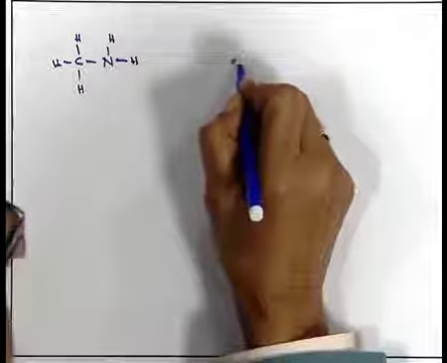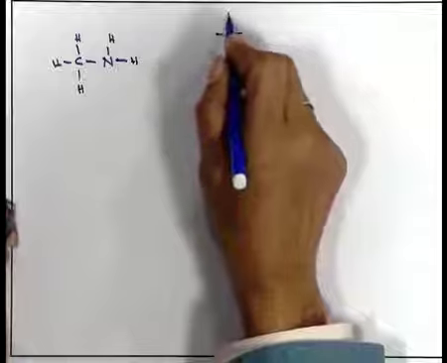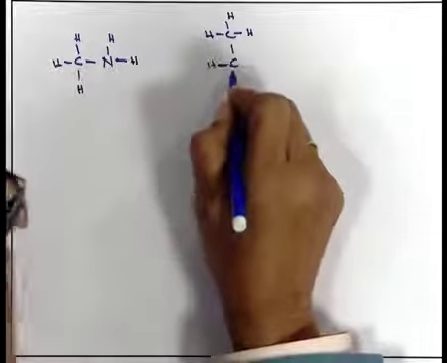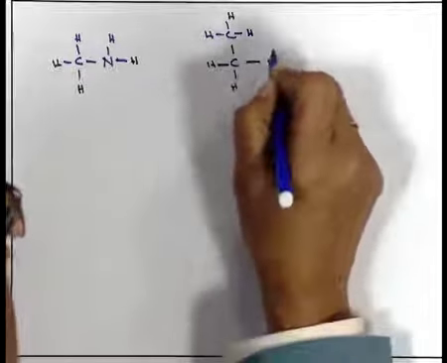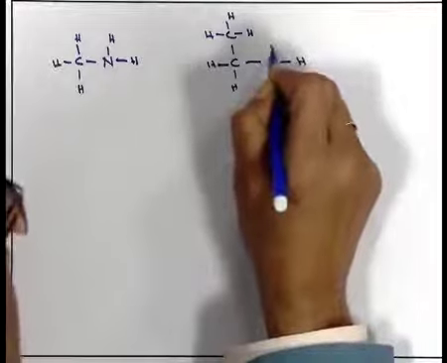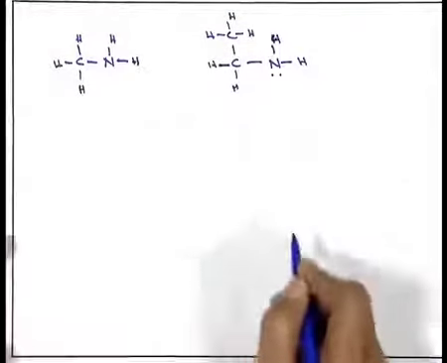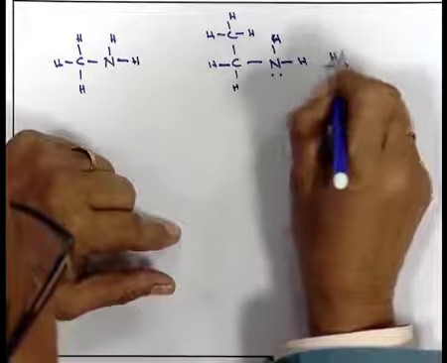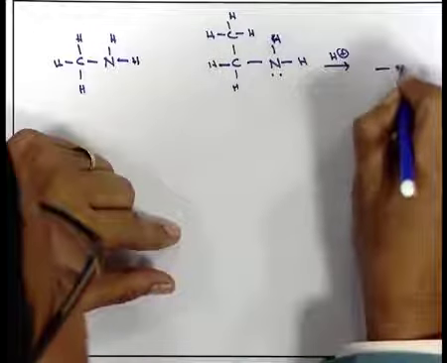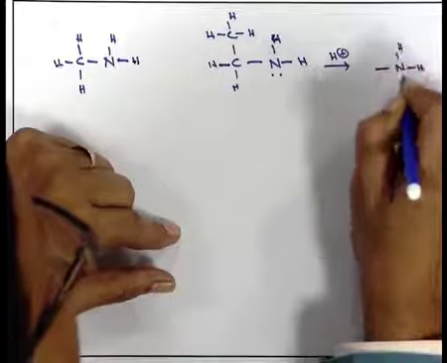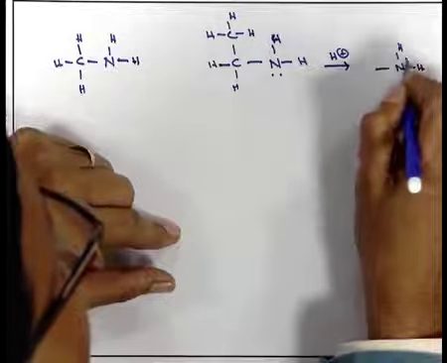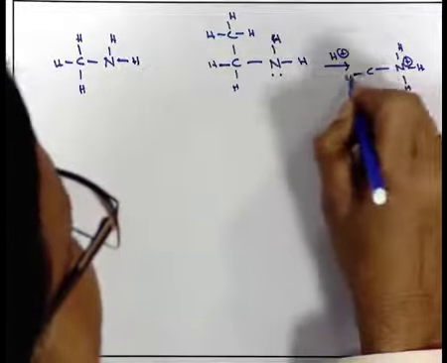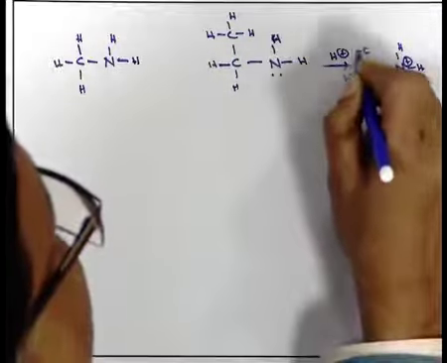Let us take this example versus the methyl substituted one. What we will see when this base picks up a proton: it will now be NH2 plus, and next to that this carbon having the hydrogen atom and also a methyl group.